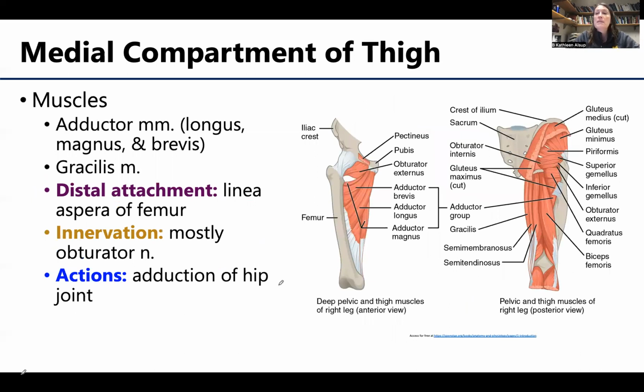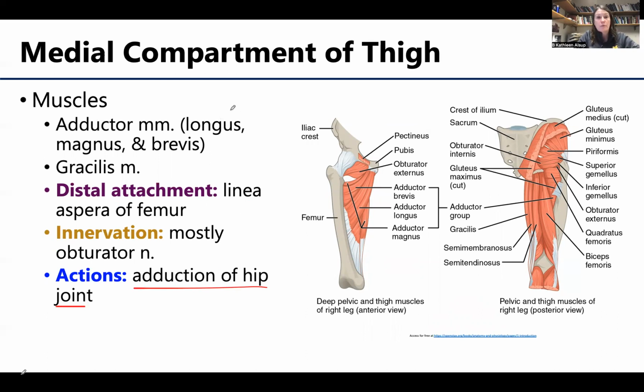All right, moving to the medial compartment of the thigh. These are generally located a little bit on the deeper portion, but you can still see it from an anterior view. You can also see some of these muscles from a posterior view as well. And oftentimes this compartment is just referred to as the adductor compartment, because these muscles' main role is going to be adduction of the hip joint.